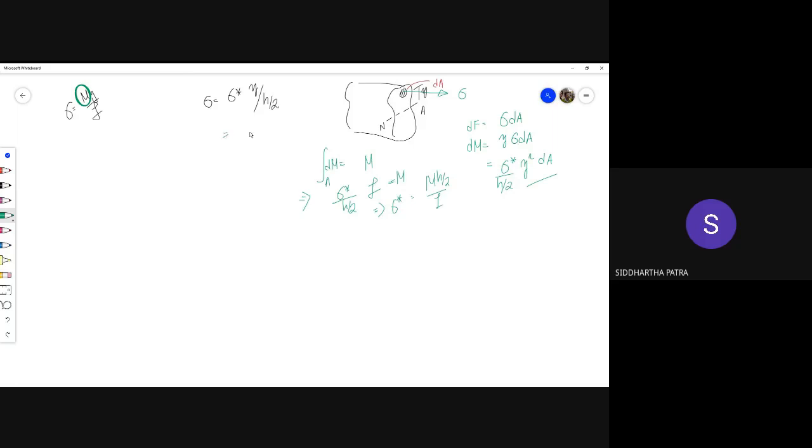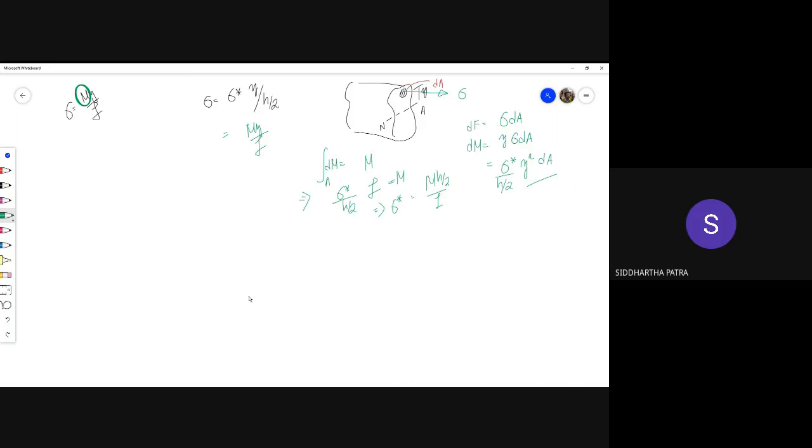Substitute that over here, and you have My by I for any arbitrary prismatic cross section. So just keep this in mind. All we have to do is balance the moment in the cross section.